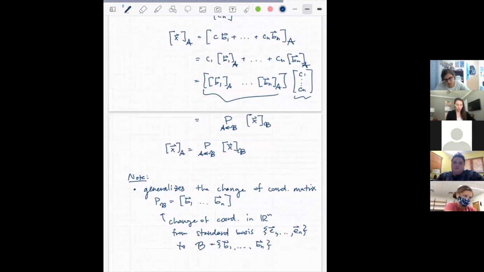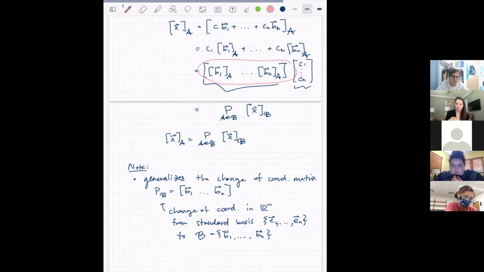The B vectors are already written in terms of the standard basis, so when we write it this way, our work's already done. They're already written in terms of the standard coordinates. All right, so there's that.